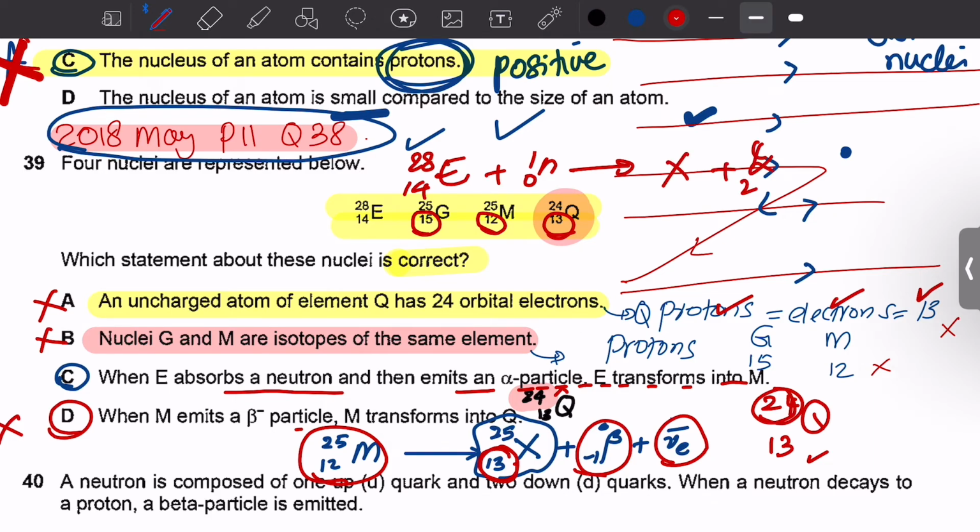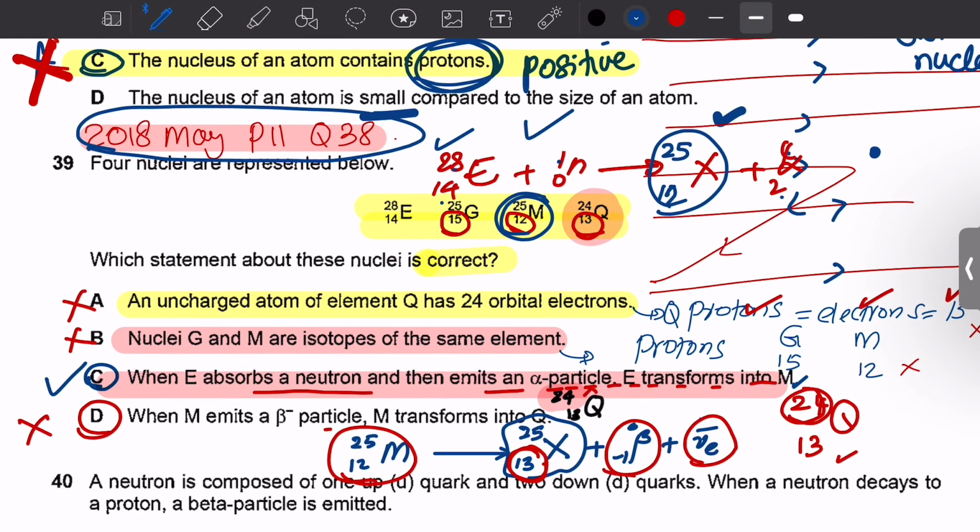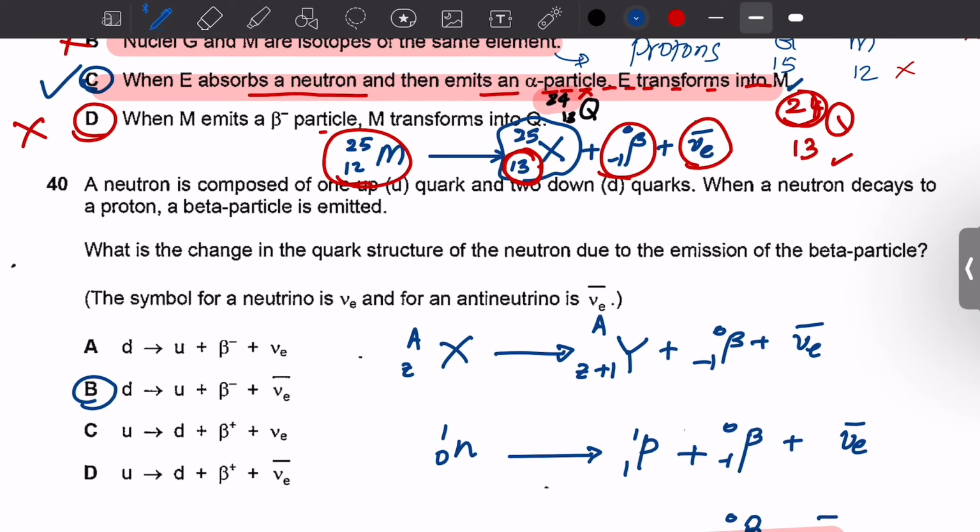So whatever is here should be 28 plus 1 minus 4, 25. 14 minus 2, 12. So this should be something 25 and 12. Yes, that is M. So it becomes M. That's right, so this answer is definitely correct. Question number 39, answer is C.